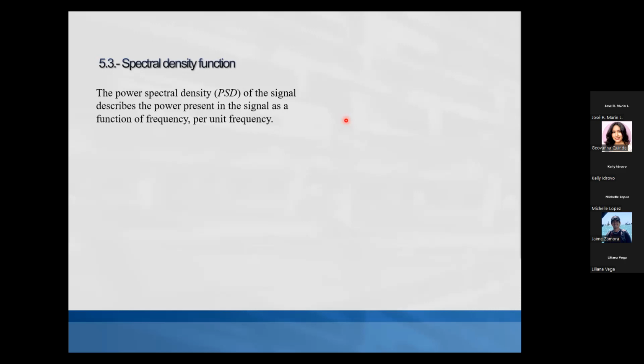So we get the power per unit frequency. Now we take another interval, and of course, for this other interval the frequency is going to be different, so the spectral density is going to be different too. So at the end, we plot this parameter, power spectral density, versus frequency.